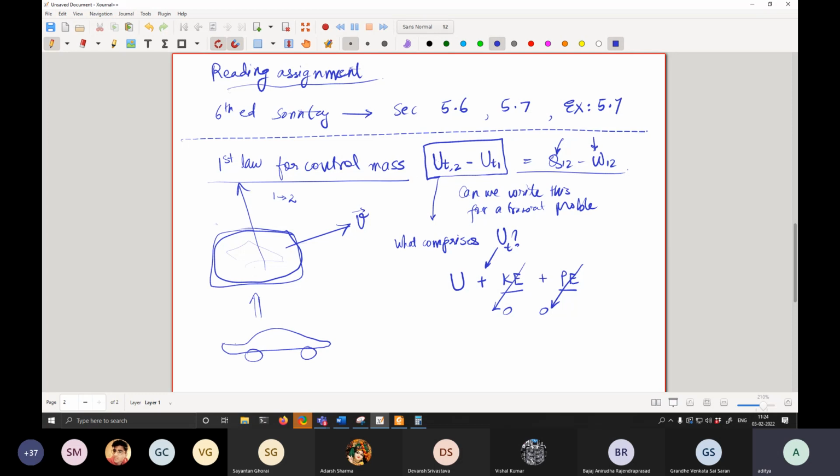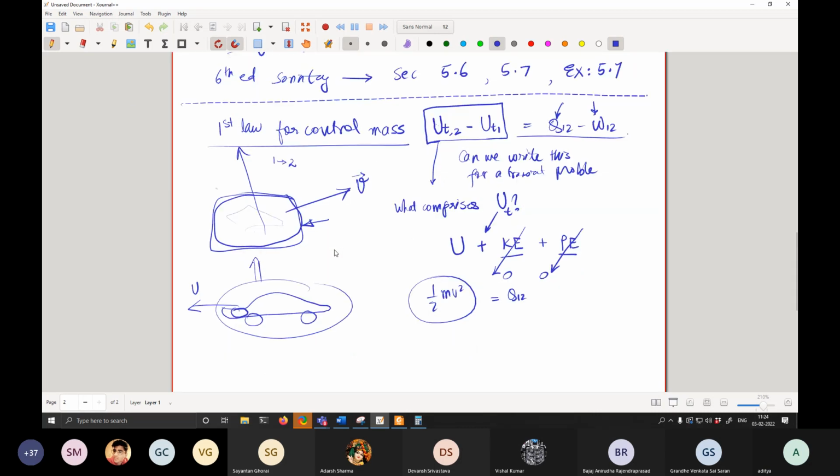And you say that there is some work done on the system, and so the velocity of the car increases. So then you can say that half mv square is the total energy at point 2, and it is due to some amount of heat addition to the system. But in all the problems that we have considered so far, this total energy is comprised of only the internal energy due to molecular interactions. Is this clear? Whatever I just said, is this clear? So the potential energy term is the external one, right? Not the internal one.